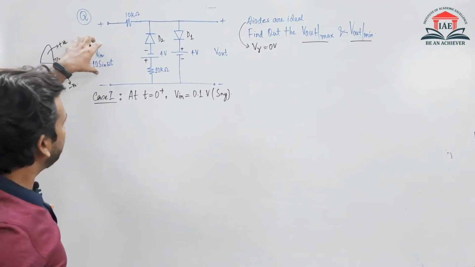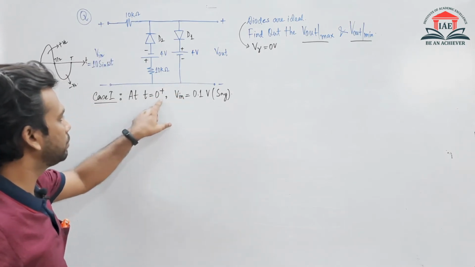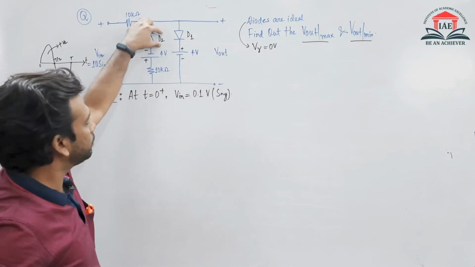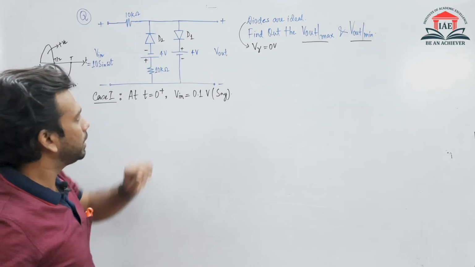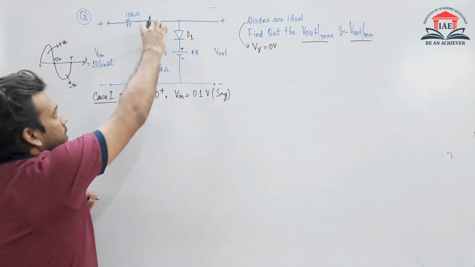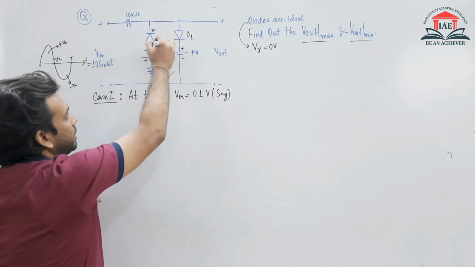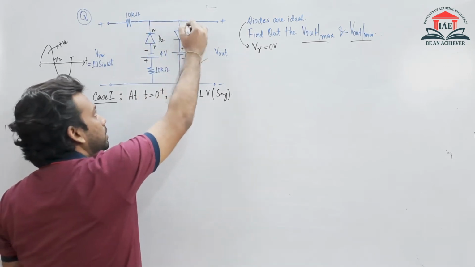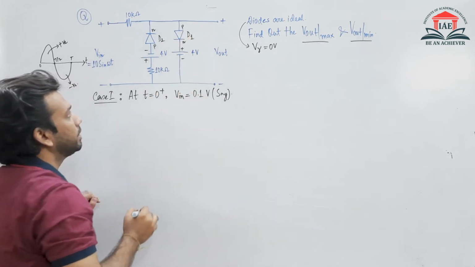Now if the input voltage is 0.1 volt, what will be the state of the diodes? That means whether the D2 diode is on or off, and whether the D1 diode is on or off. So let us see that. In the D2 diode, you can see this is the N side and this is the P side. Similarly in the D1 diode, this one is the P side and this is the N side.